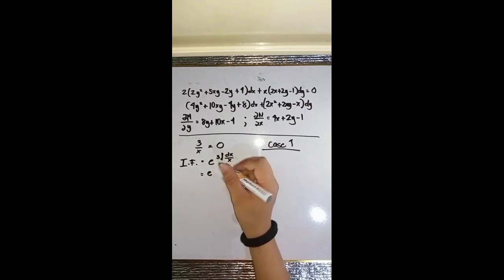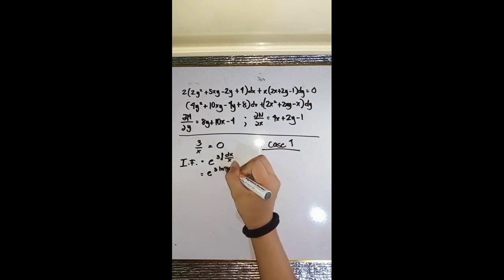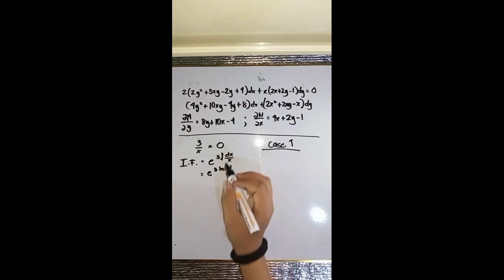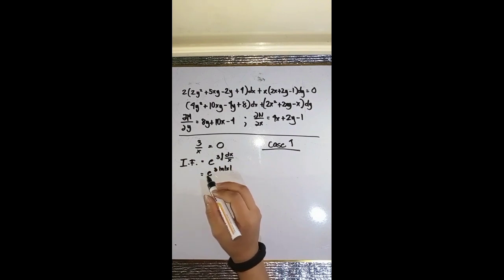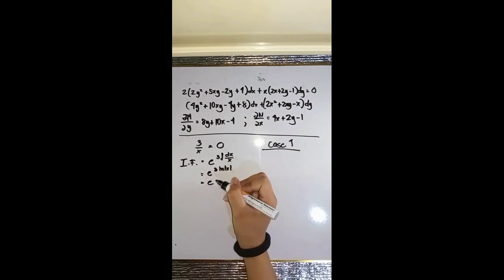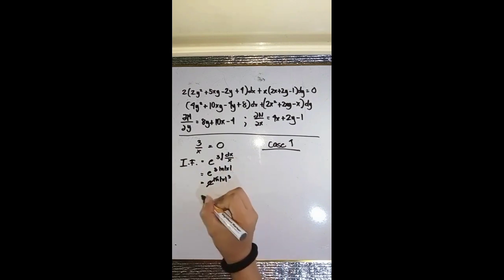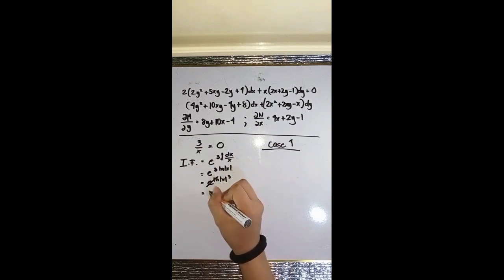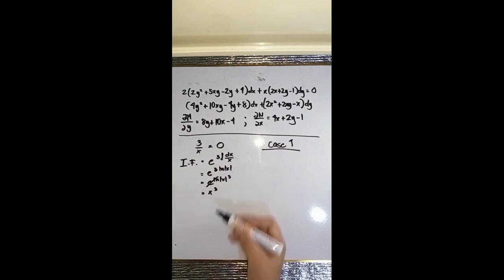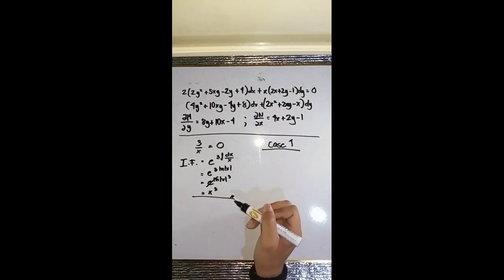So e raised to 3 times the integration of dx over x, which is equal to ln x. Now we're going to further simplify this form by changing the formation of our exponents. So e raised to ln x cubed, e and ln cancel out, resulting in x cubed as our integrating factor.